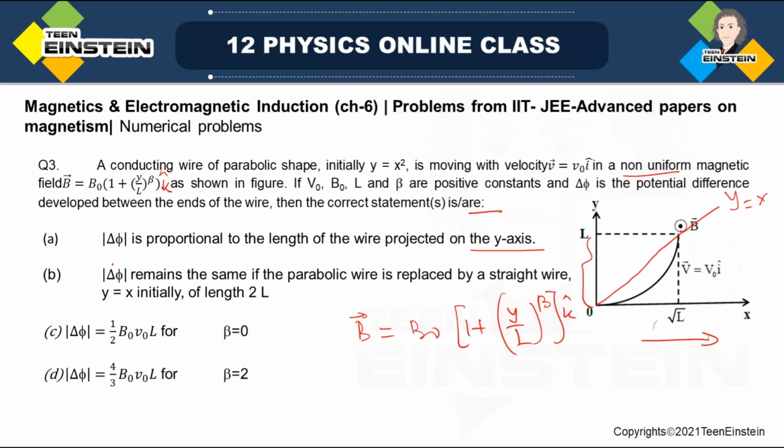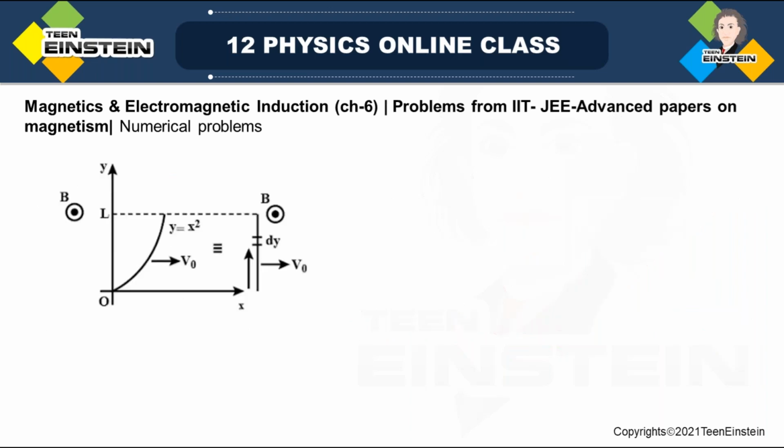First of all, you have to find out delta phi. All the questions are related to delta phi, the change in the flux. So how to find the change in the flux? As I said in the previous problem also, this is nothing but BVL. This is the formula, motional EMF, BVL.